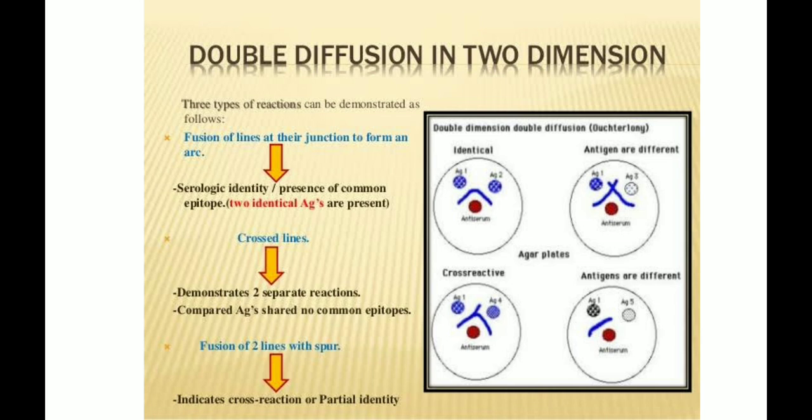Both antigen 1 and antigen 3 are completely different. Now if two lines are not crossed and not single, it is in spur form, it means that both antigens are partially identical. It happens sometimes that both antigens are not exactly the same, they have some difference but they have some similarity also. So spur formation is there in that case.